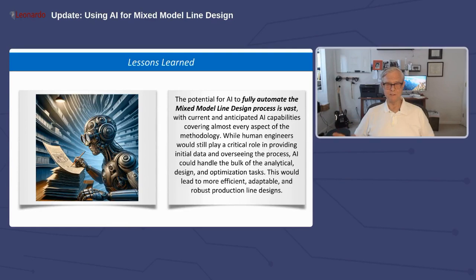This would lead to a more efficient, adaptable, and robust production line design. So I believe that is true. Now, we may not like that if we're a manufacturing engineer, or we may not believe it, but I believe that's a true statement. So that's kind of what's happening, folks. It's the latest and greatest update.